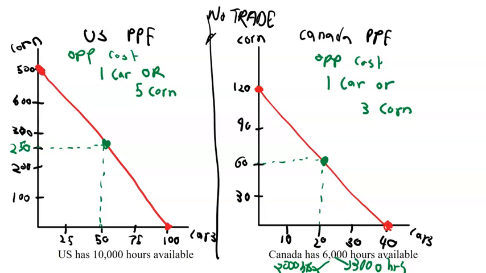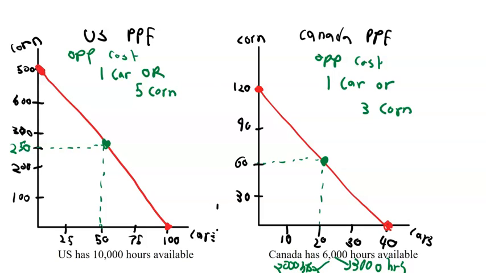Okay. Now let's say the US and Canada figured out that they are next to each other, so they don't need this border, and they can start trading with each other. So let's say they find out, okay, this is my opportunity cost.